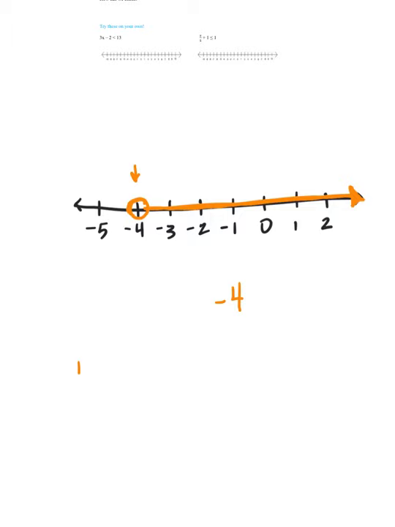Let's find a number. Number 2. What is the sign? What sign are we working with here? It's an open sign, so that means it's not going to have an equal in it, and it's going to the right, so it's greater.